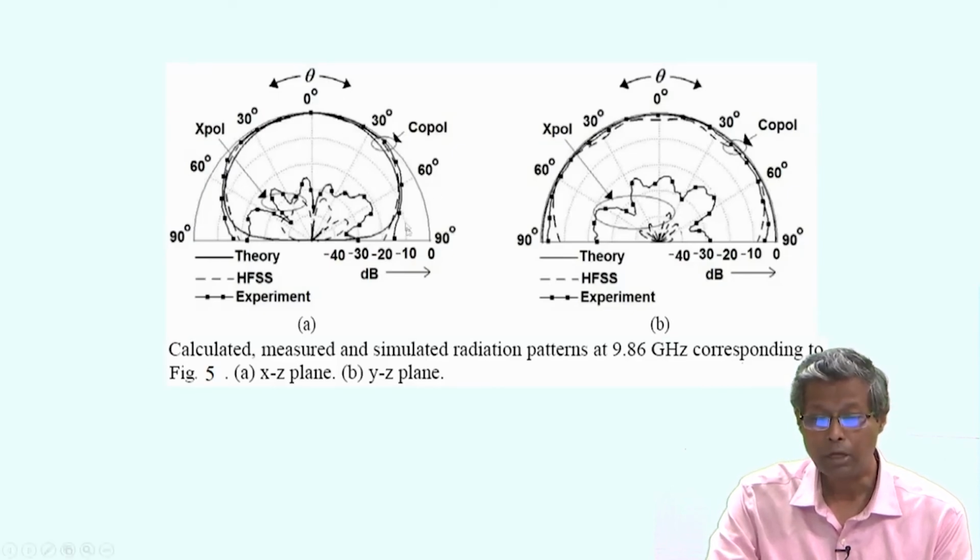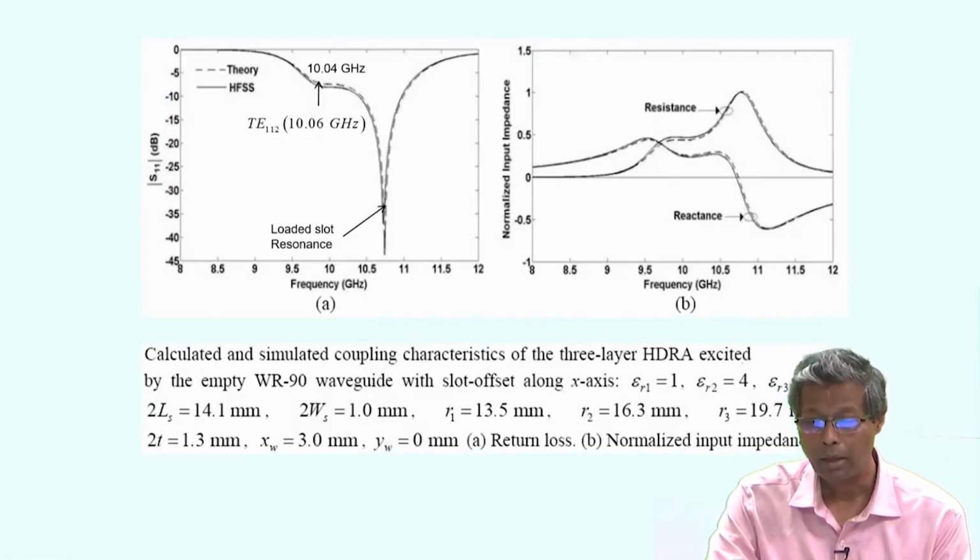This shows the broadside radiation characteristics of the antenna structure in the XZ plane and YZ plane, and this shows what happens if I have an offset slot. In this case the X offset is 3 millimeter and the Y offset is 0 millimeter. Epsilon r1 is still 1, epsilon r2 is 4, epsilon r3 is 9.